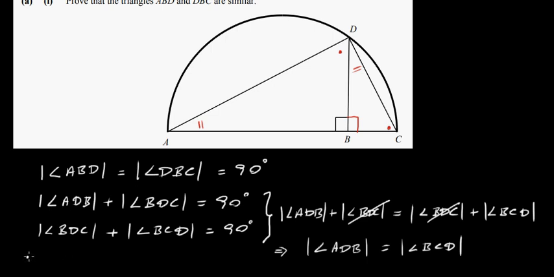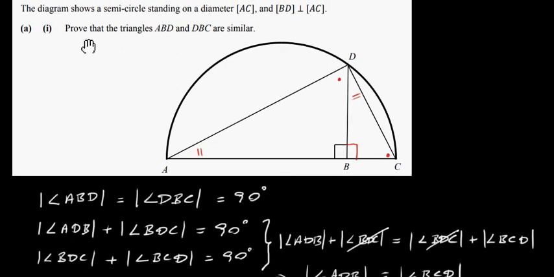We could say, therefore, the size of the angle DAB is equal to the size of the angle BDC. Therefore, I'm kind of running out of room here, but to keep this in the picture here. But we've proven this now.